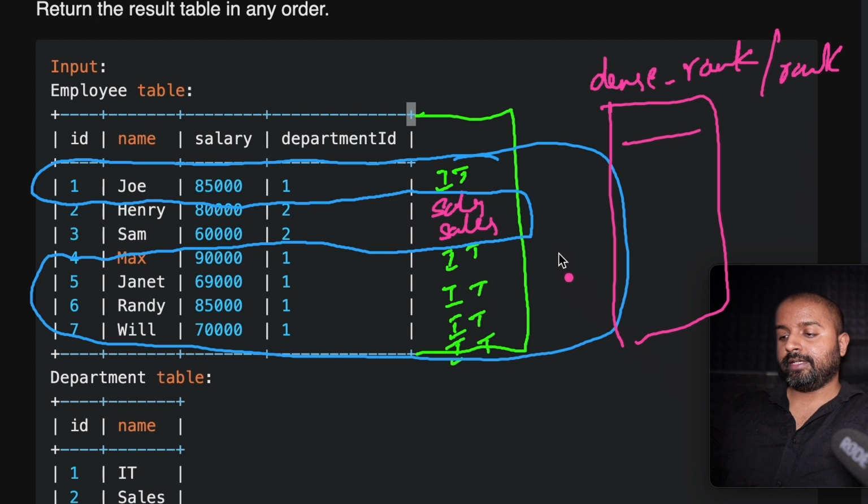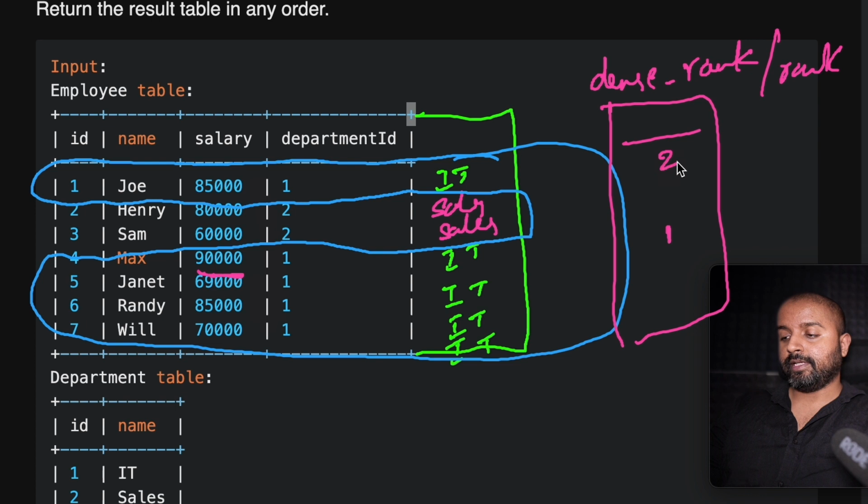If we were to think of this region which we've selected in our window as our partition, now we can order the employees within this partition by salary, which would mean that Max over here gets the number 1 rank because Max has the highest salary of everyone in here. Then the next salary, which is lower than 90,000, is 85 over here and 85 over here as well.